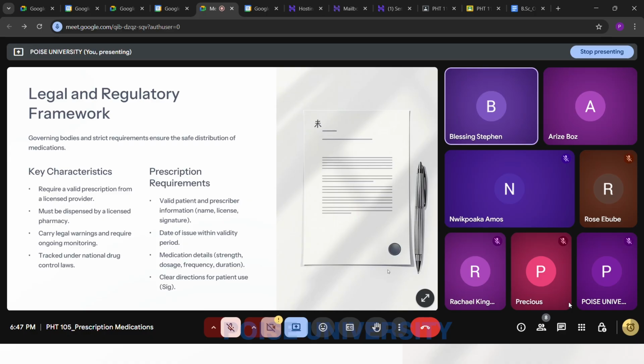Hello, Rachel. Are you on the call? Yes. So give me one difference between a prescription only medication and an over the counter drug. Okay. What's one difference? The prescription drugs are only given with prescriptions, and over the counter drugs are available without prescription.